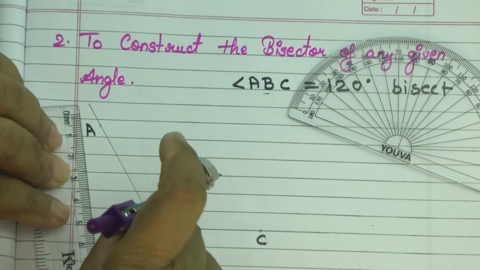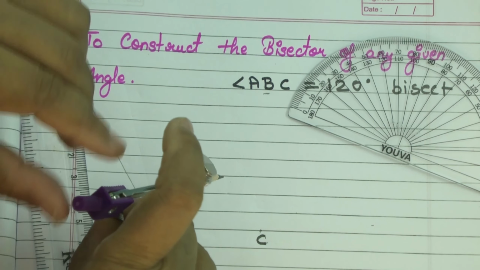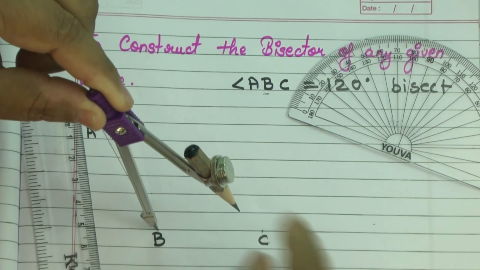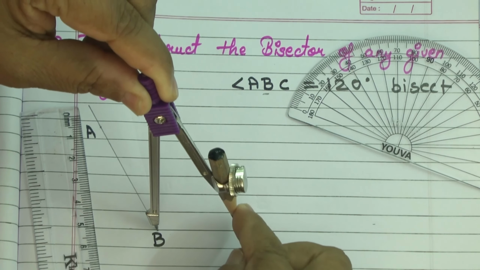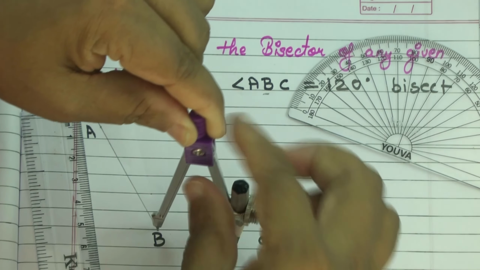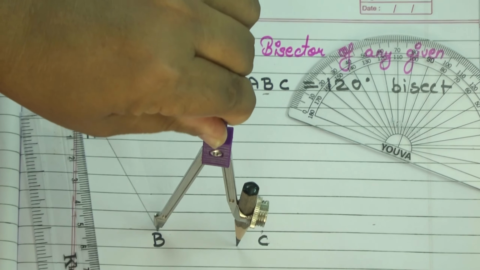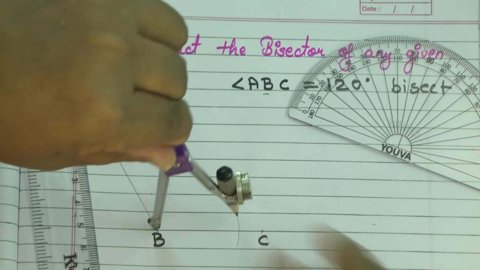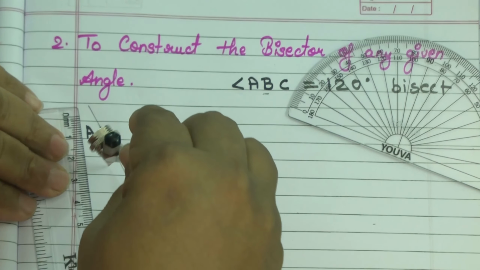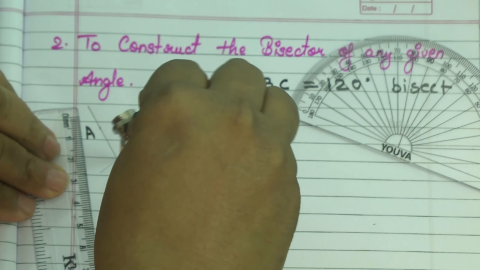You don't have to use the sketch pen, you only have to use the pencil. Now take the pointer and keep it at the point B, and of your desired length give an arc on the line BC. I hope you can clearly see the arc. Same length arc give on the line AB.